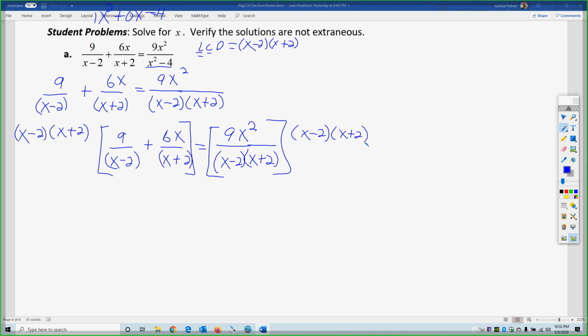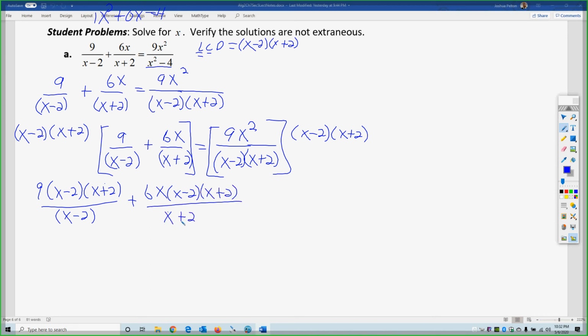Okay. Left-hand side, 9 times x minus 2, x plus 2 over x minus 2, plus 6x times x minus 2, x plus 2 over x plus 2. Right? Because this has to go to the 9 and the 6x.